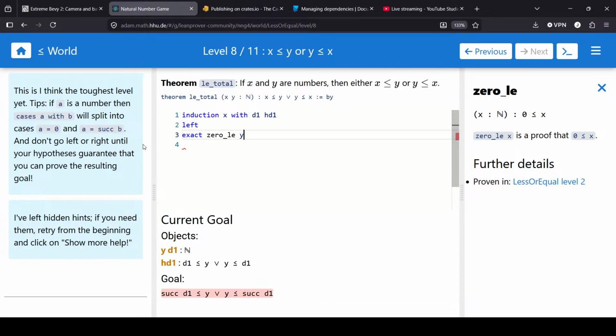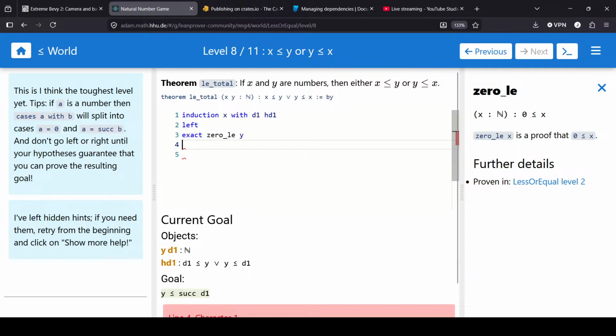I shouldn't have taken the left, I don't think. No, I think I want to take the right. Right makes more sense to me. Oh, wait a minute. But my hypothesis is like that. I see.